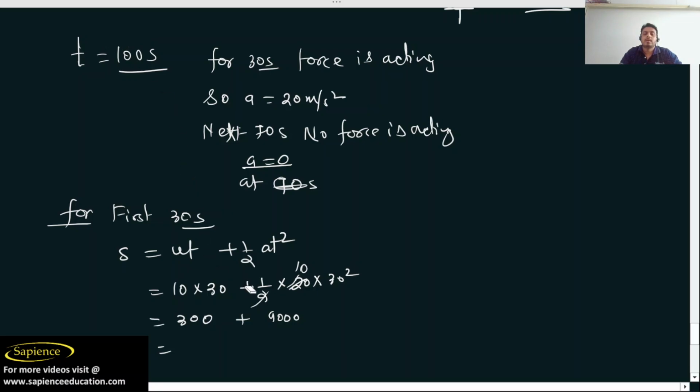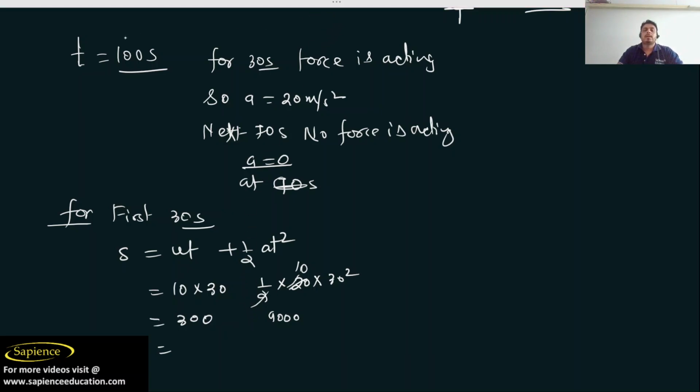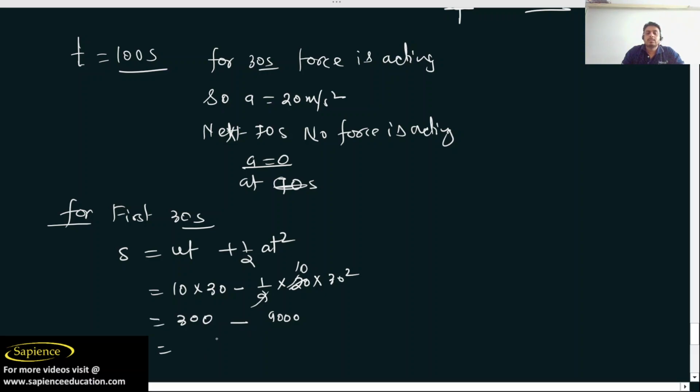So if I take it as negative, how much is it? This is 9000 minus, so this is minus 8700 meter. But now the answer is not complete. Why?